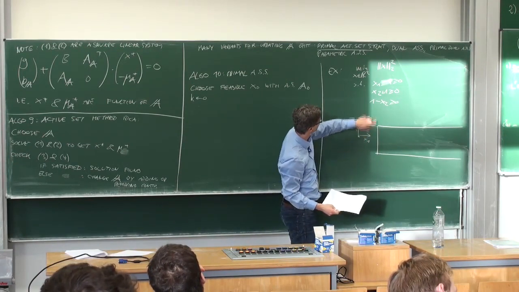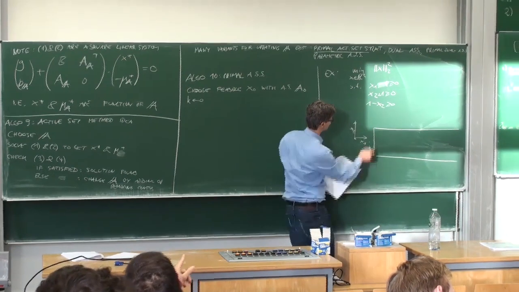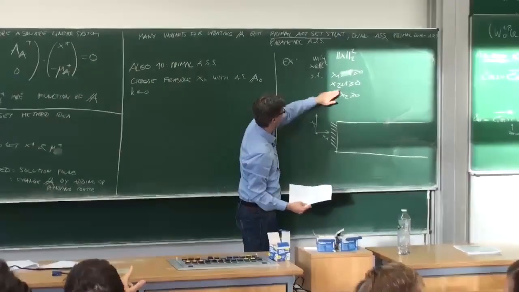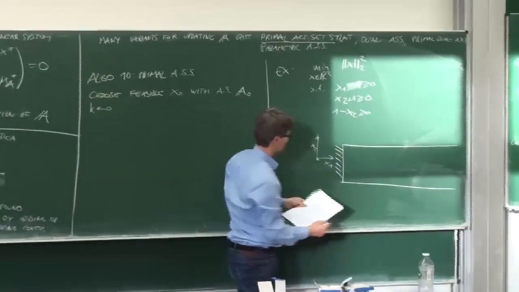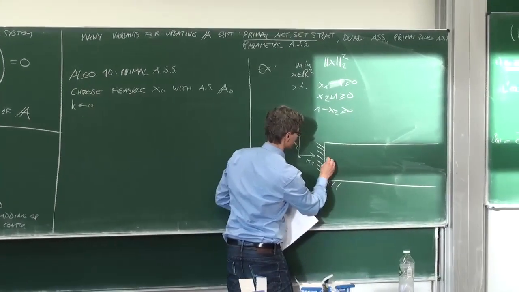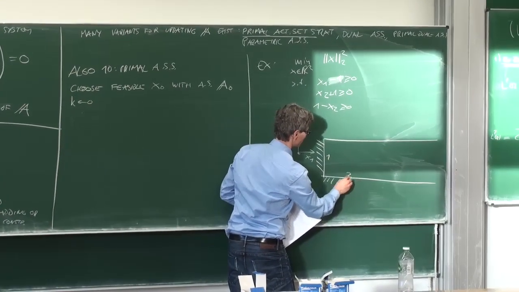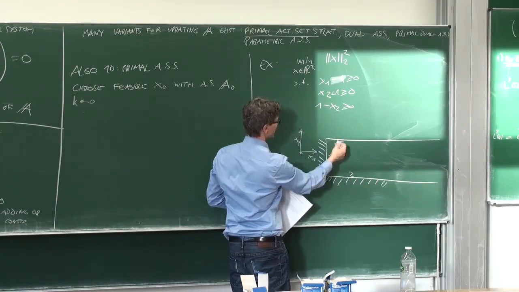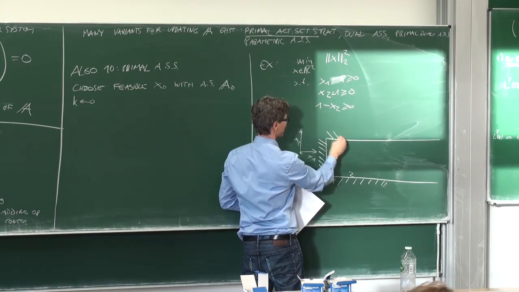And I say that x1 should be bigger than 1, so that is this constraint here. Then I say that x2 should be bigger than minus 1, so that is this constraint here. So this is the first constraint, this is the second constraint. And then I say that x2 should be smaller than 1, and that is the third constraint.